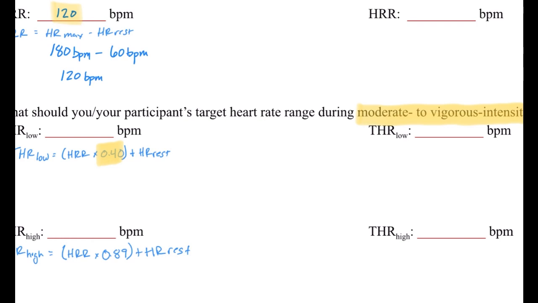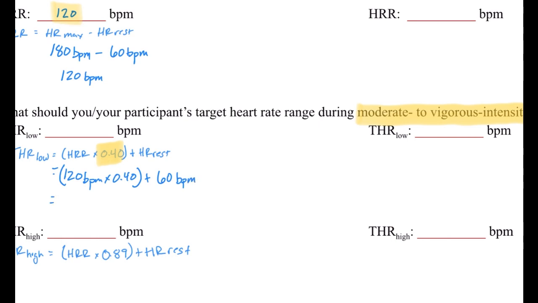So here we go. Equals 120 beats per minute times 0.40, that's 40%, plus HR rest, which we said at the beginning was 60 beats per minute.